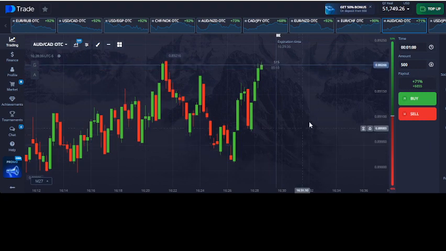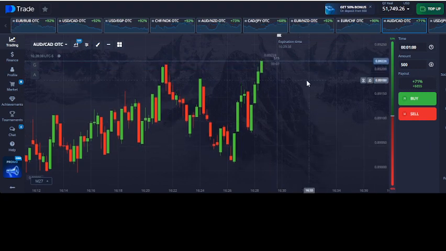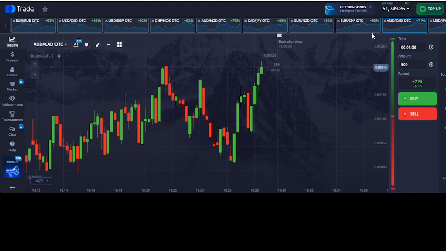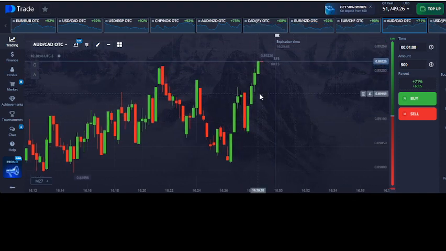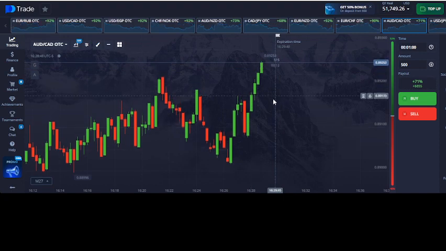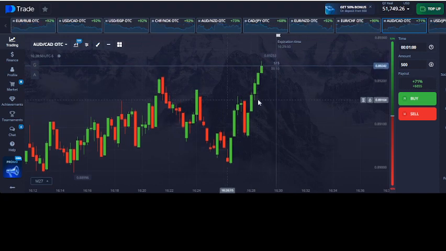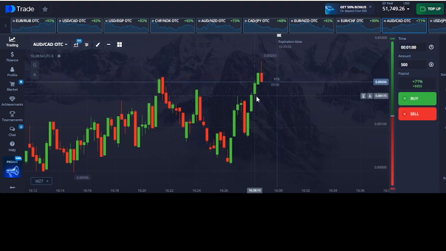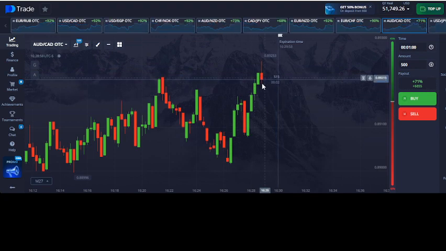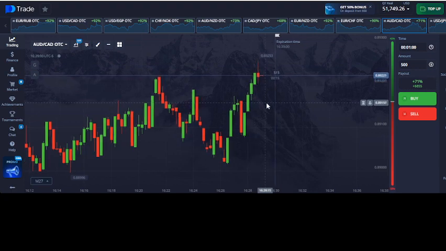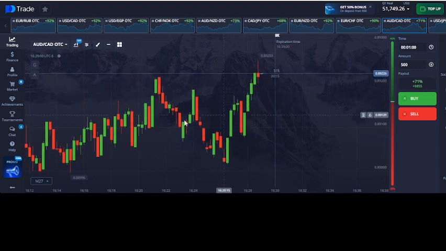And we push our balance over $51,000. I took those multiple trades because I wanted to recover the loss of the previous trade that I had and gain some additional profit. That was a risky trade and a very volatile asset here.